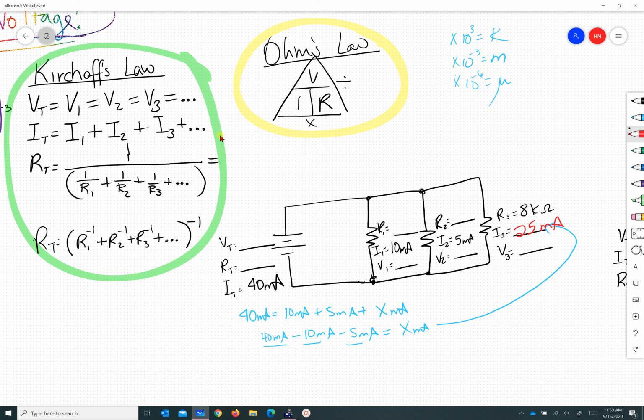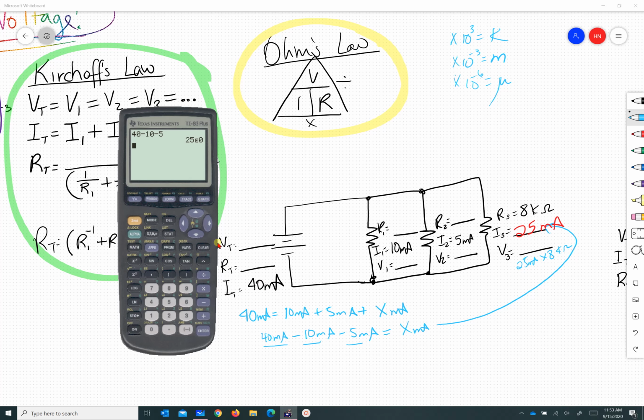Now we have all the currents. And check it out. Now that we've solved for that one using Kirchhoff's law, I can use Ohm's law to solve for the third value I'm missing. So voltage is current times resistance. To figure out the voltage here, it's going to be 25 milliamps times 8 kilo ohms.